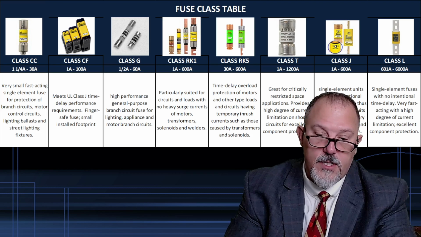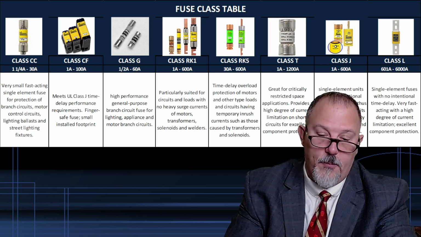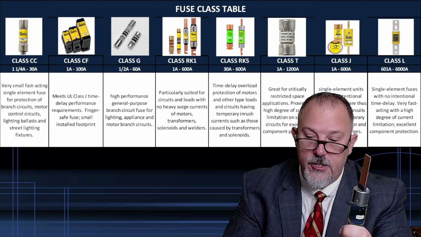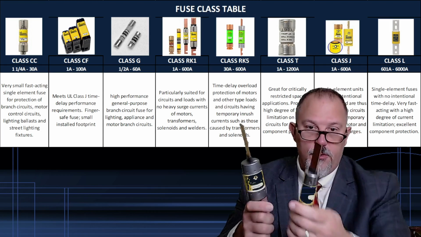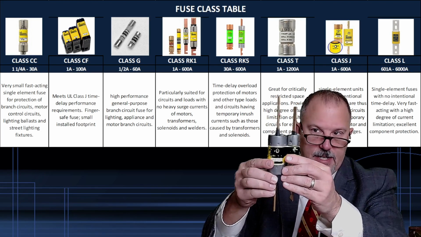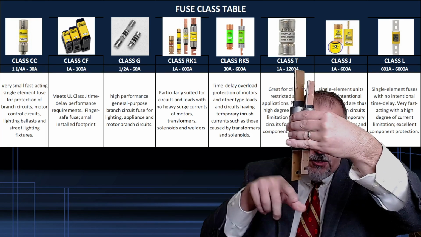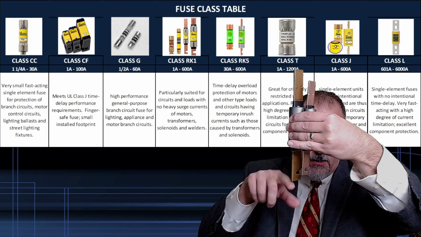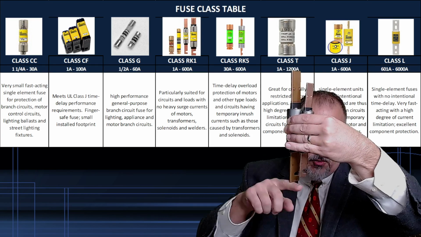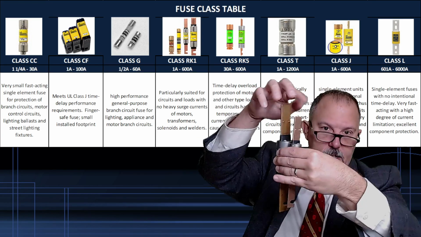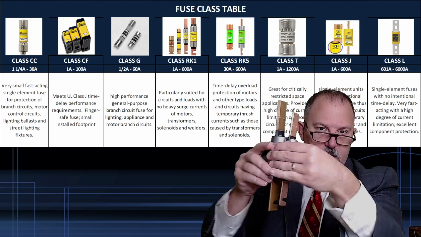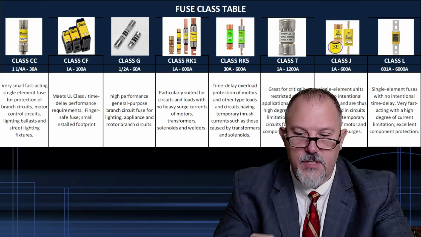This is a catalog number LPS RK. This is 100 amp and this is 200 amp. You'll notice the size difference here. Just look at the ends of the blades. This blade is shorter than this blade. These two fuses are not the same size fuse.